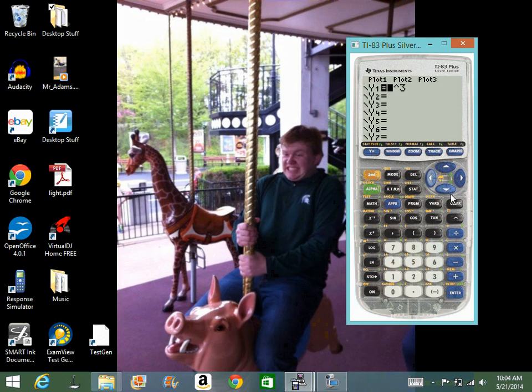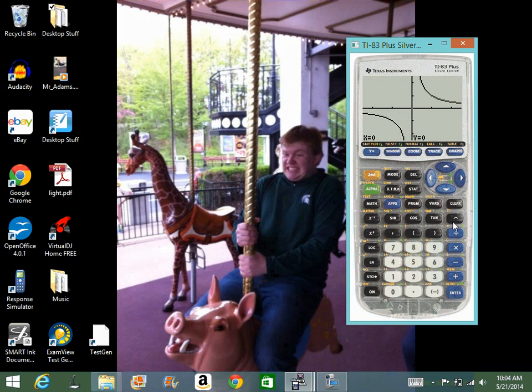So I'm going to change my function to 1 over x. So I'm going to say 1 divided by x. And that's the graph that looks like that. And now I'm going to zoom in just a little bit, because I want you guys to see what we're doing.